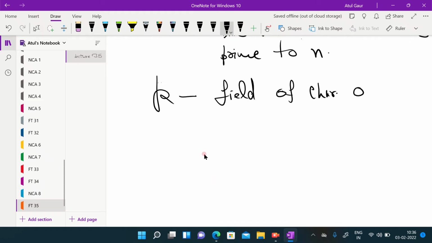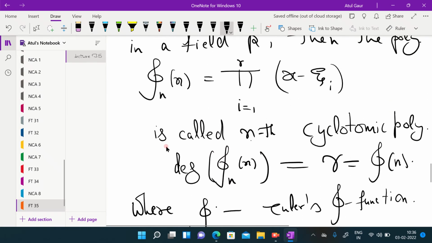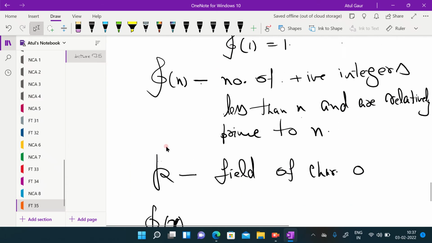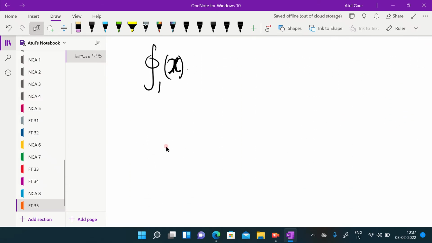All right, so now what is phi of 1? Sorry, phi 1 of x. Is that fine? Look, phi n of x was the product of x minus xi, where xi is a primitive nth root of unity. Now you are looking at phi 1 of x, so that means you are looking for all primitive 1st roots of unity.